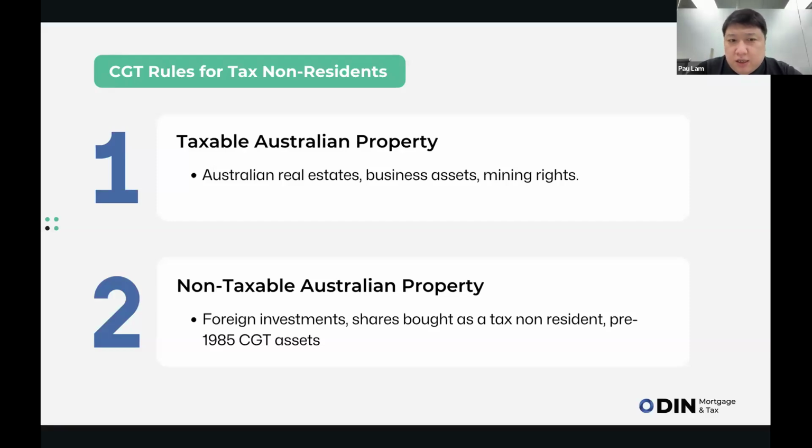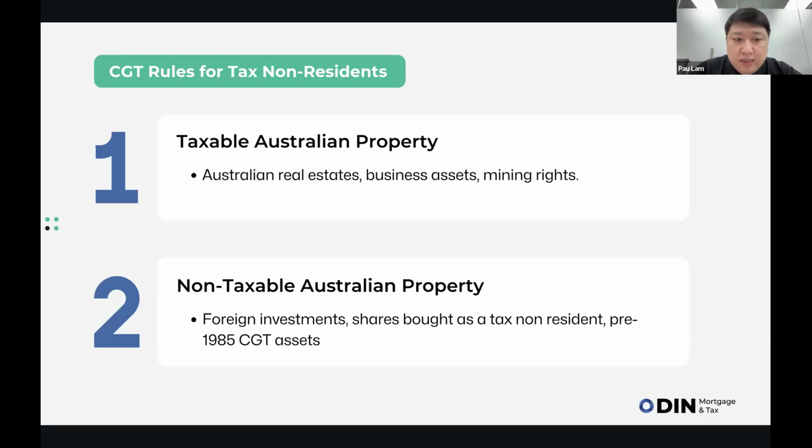So from here you can see I'm not putting shares in this category under taxable Australian property, or TAP, because for shares or equity, like crypto, whatever, on the equity market, if you buy and sell them as a non-resident, this is what we call non-taxable Australian property.